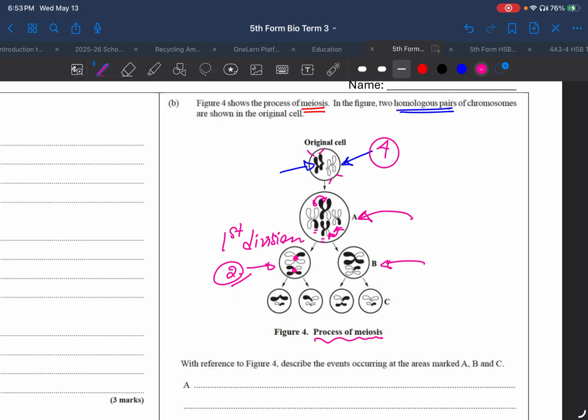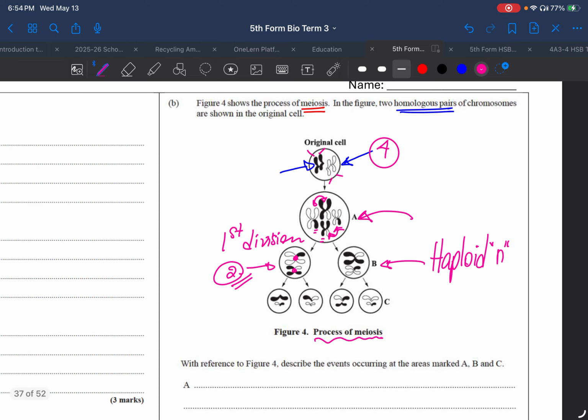So we see that we are already starting to have the haploid number or n number. And all of the daughter cells so far are unidentical as opposed to in mitosis.